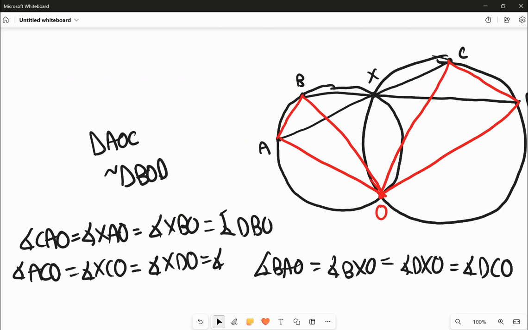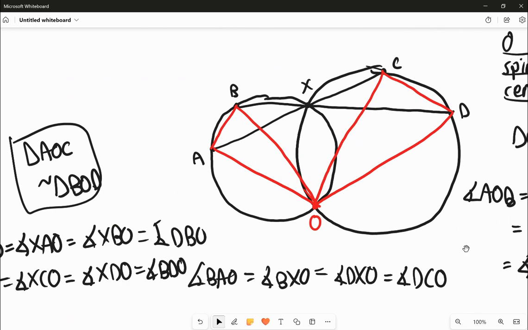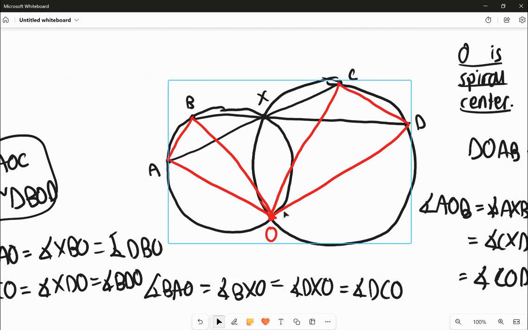And XCO is equal to directed angle BDO. So therefore, this also holds. In other words, if O is a spiral center mapping AB to CD, it's also the spiral center mapping AC to BD.